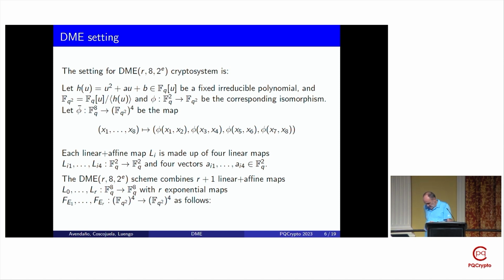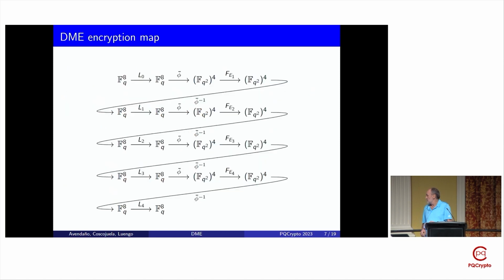As I say, for R exponentials, we will have R plus 1 linear isomorphisms with translation and R exponentials. So the scheme is like that. You see, every horizontal line is a round, and basically in every horizontal line there will be one linear isomorphism and one exponential.